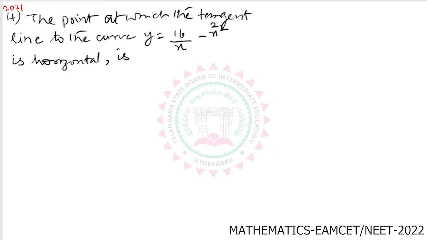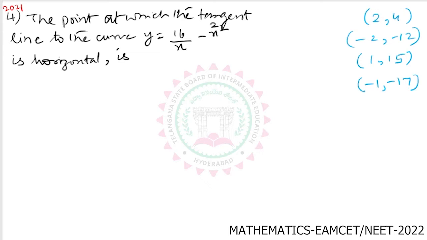He is asking a point when the tangent to this curve is horizontal. The options are: the first option is (2, 4), second option is (−2, −12), third option is (1, 15), and the fourth option is (−1, −17).